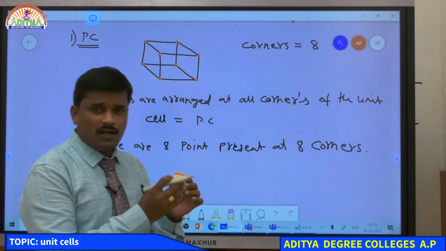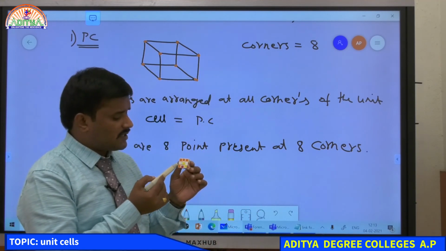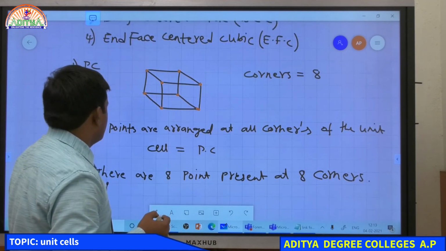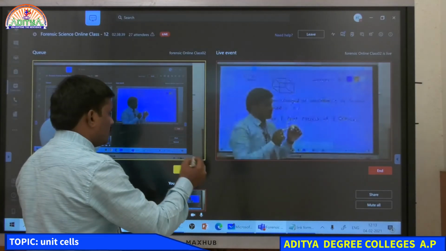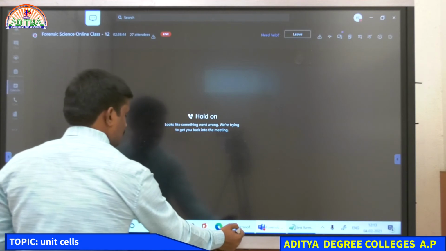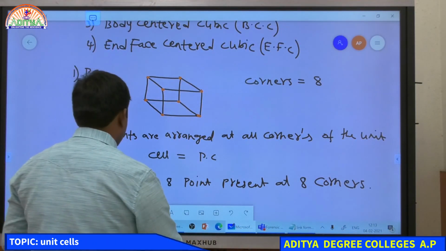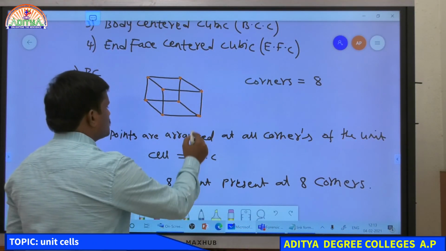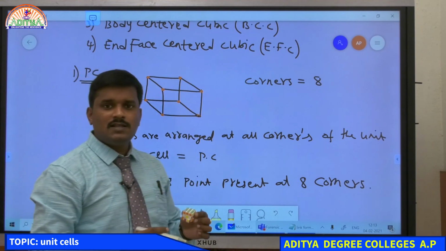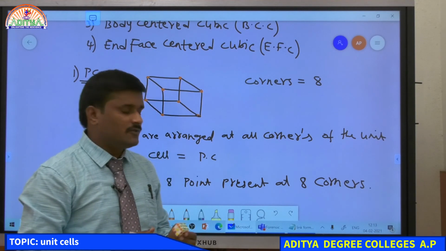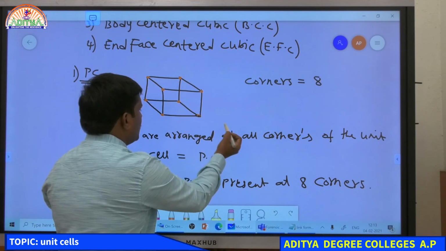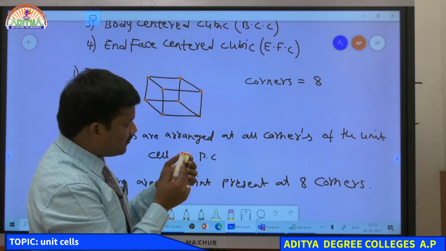So here consider one of the corners. This is the corner for this unit cell, but a crystal is a series of a large number of unit cells. So again there is a unit cell, and again a unit cell. Therefore, consider this point.